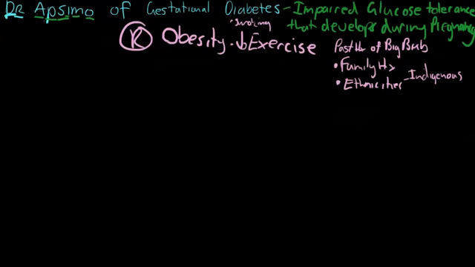Now I think, how does that lead to the etiology, or the development of the disease? So first, I think the best way to understand this is think about a normal pregnancy, and then talk about how the risk factors affect this.